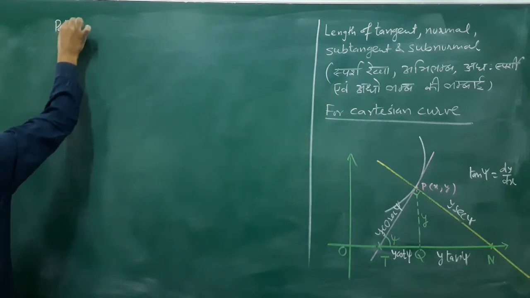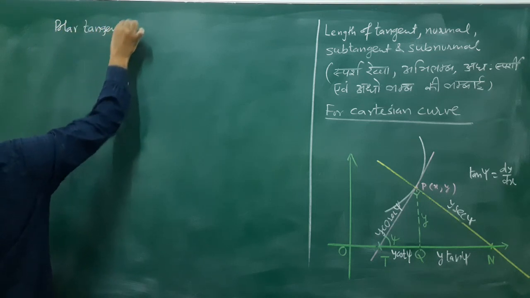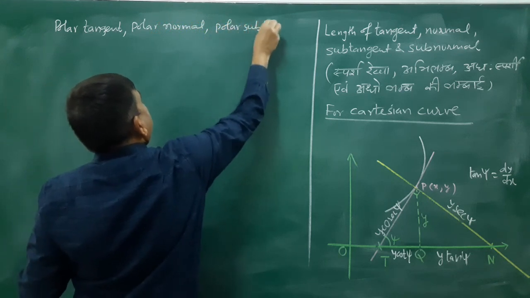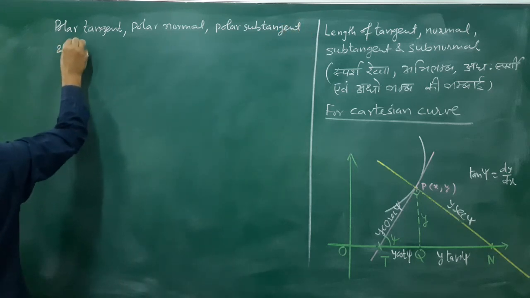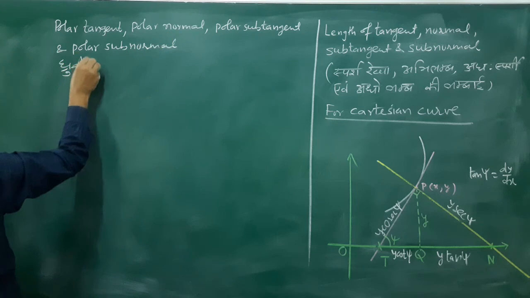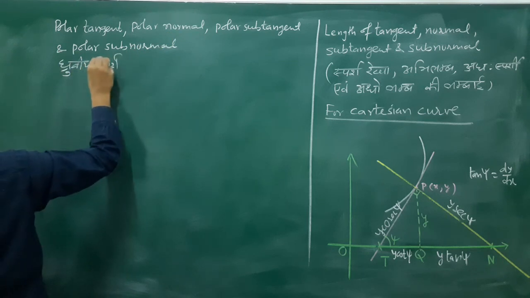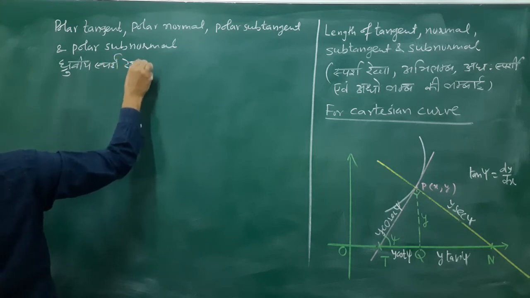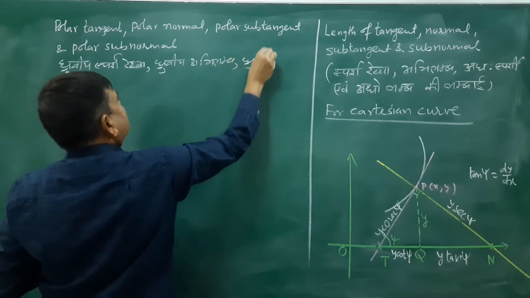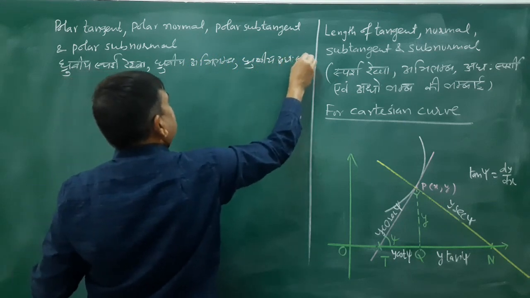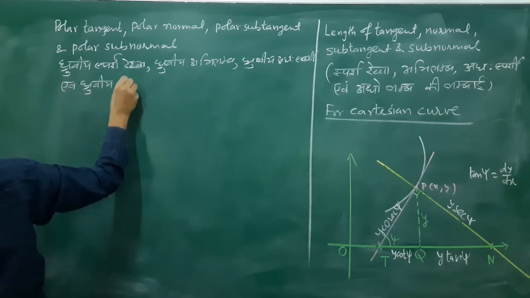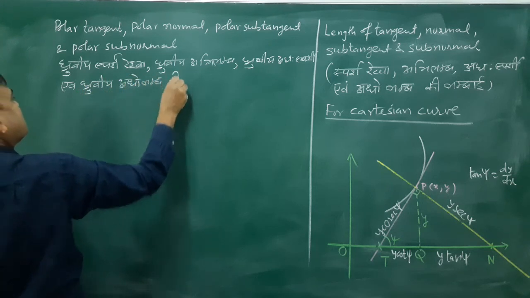So polar tangent, polar normal, polar subtangent, and polar subnormal. ध्रुवीय स्पर्श रेखा, अभिलंब, ध्रुवीय अधस्पर्शी एवं ध्रुवीय अधोलंब की लंबाई.